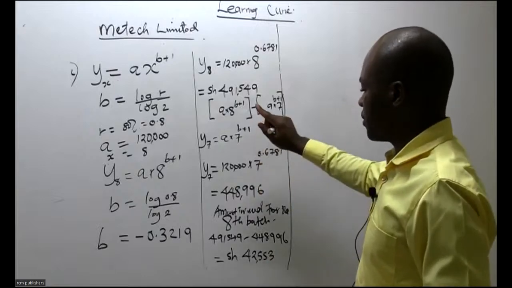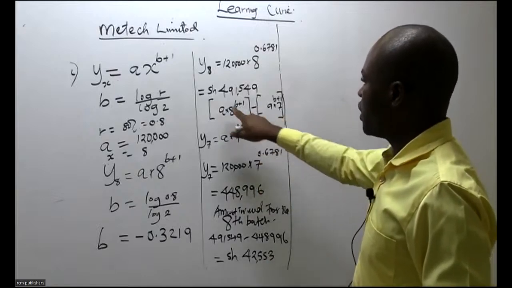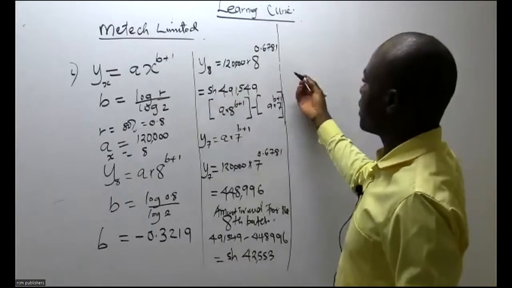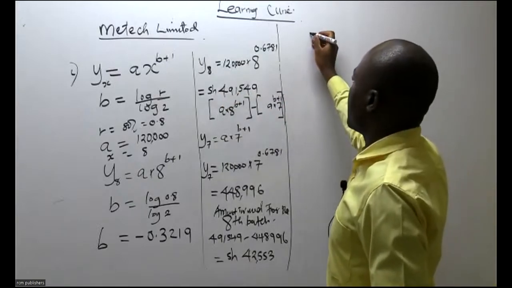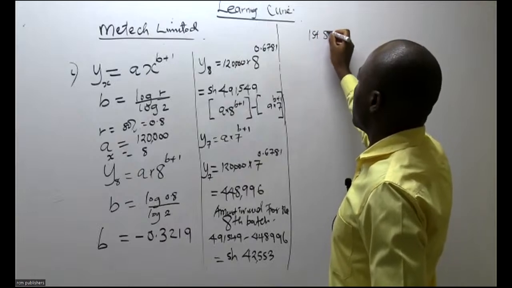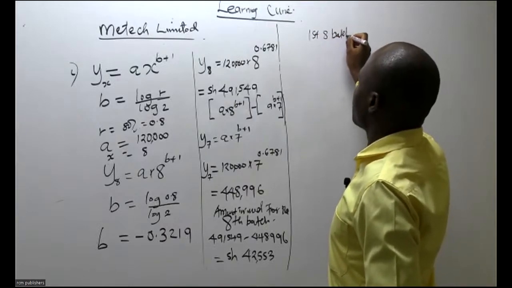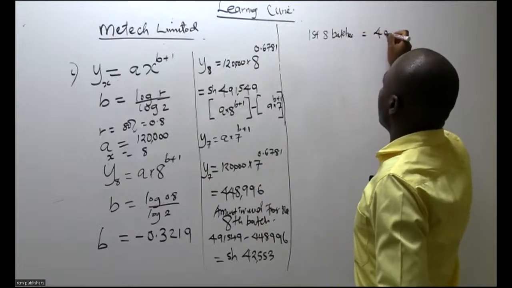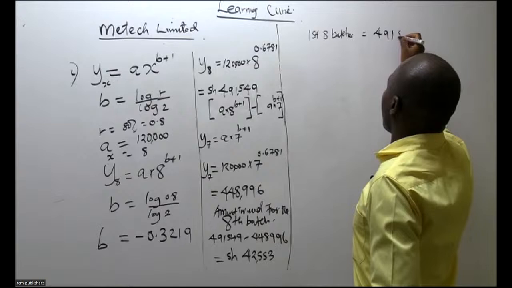The first 8 batches, how much did they incur? The first 8 batches, they incurred 491,549.